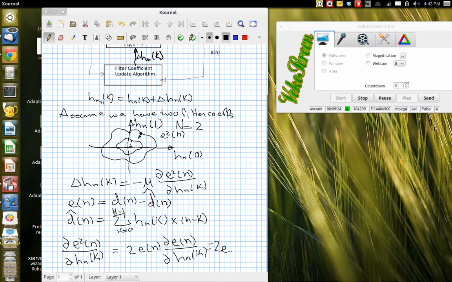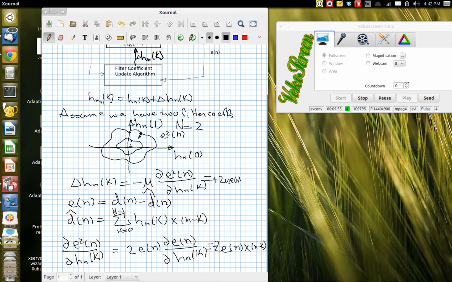When we take the derivative with respect to h n of 0, we'll just get x of n minus 0. And when we take the derivative with respect to h n of 1, we'll just get x of n minus 1. So in general, this thing down here will be equal to 2 e of n times x of n minus k. Squeeze it in there.